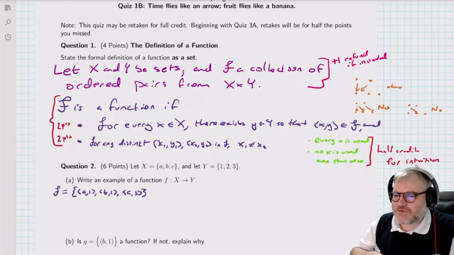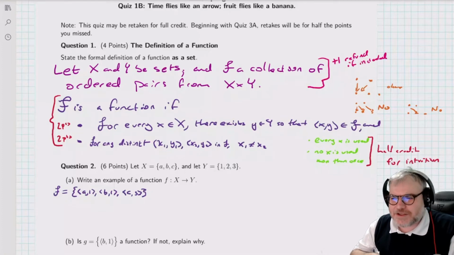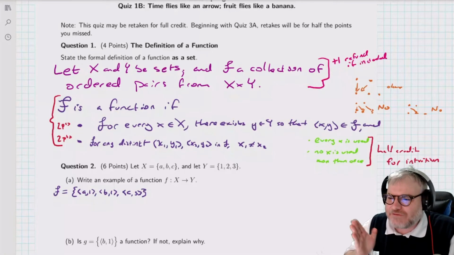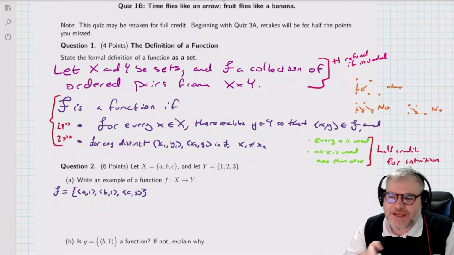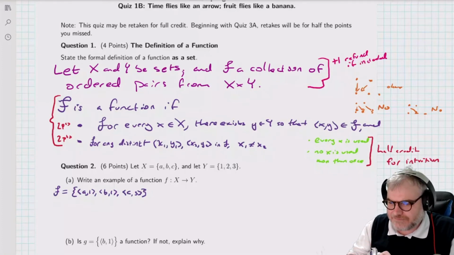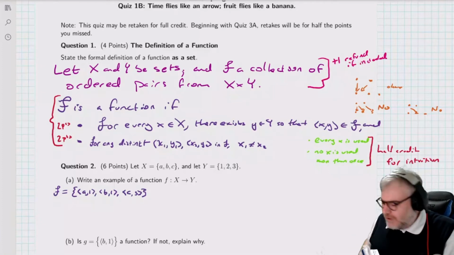What's the moral of the story about that? Watch lecture, read class notes. Let me put it this way. When I give you a statement of a definition or a theorem, do it verbatim. All right? Book bad, me good. That works too.